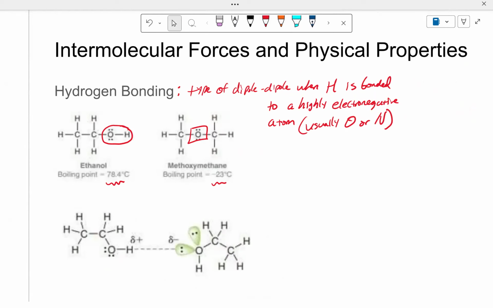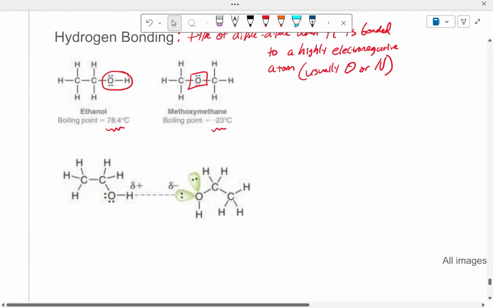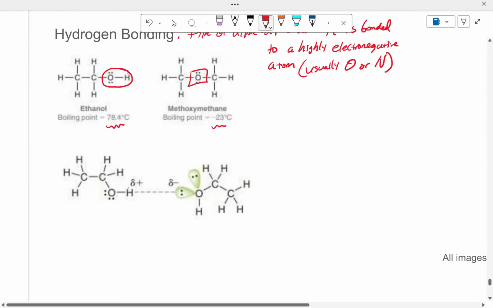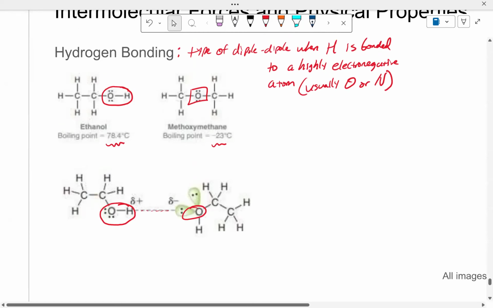So how does this hydrogen bonding work? The hydrogen attached to an oxygen of one molecule is attracted to the oxygen of the second molecule in a dipole-dipole fashion. And so ethanol can do this, methoxymethane cannot. So let's just put this all into perspective.